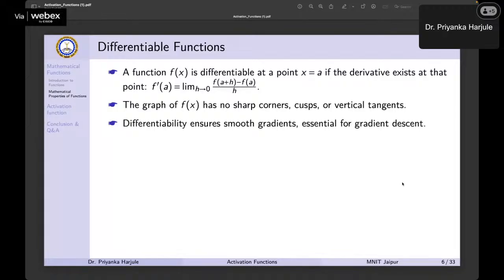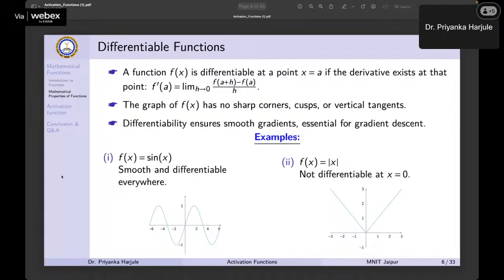Then comes the differentiability. A differentiable function is a function if the derivative exists, that is, this limit as h tends to 0 exists, that is the slope of the function is well defined and it is finite. So for example, this is a smooth graph and there are no sharp corners or cusps or verticals. As compared to this, it has a sharp corner here.